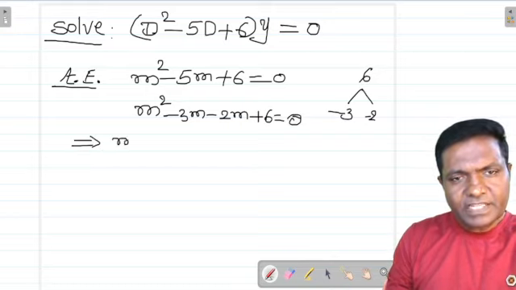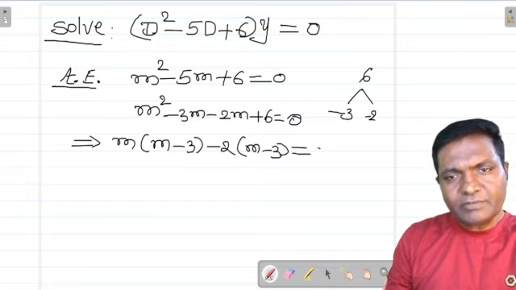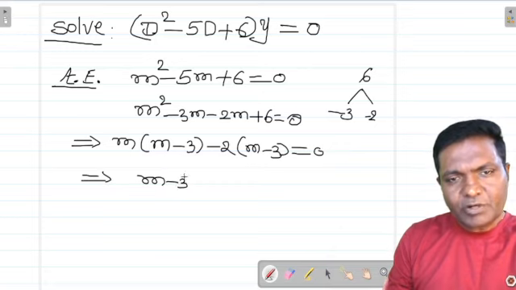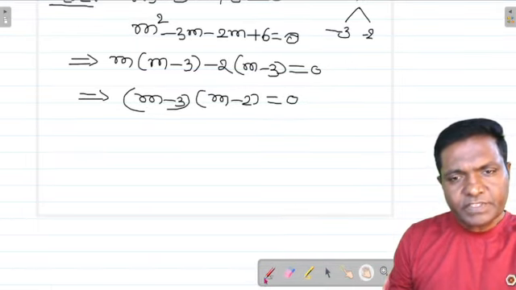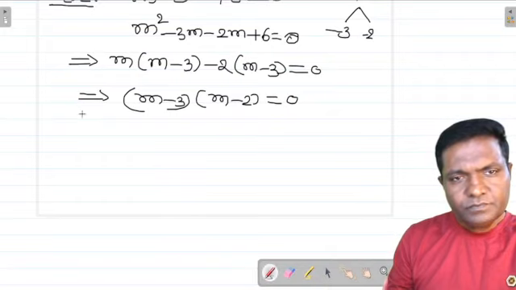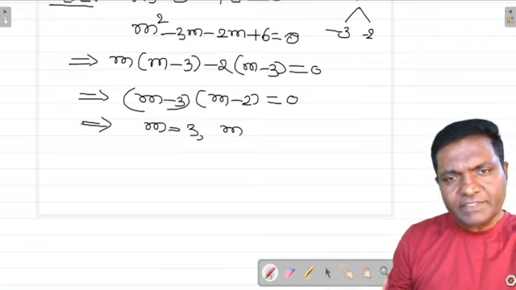Factorize this: m common, m minus 3, and minus 2 common from the last two terms, again m minus 3. So m minus 3 is common, and m minus 2 remains. Solving this, m is equal to 3 and m is equal to 2.